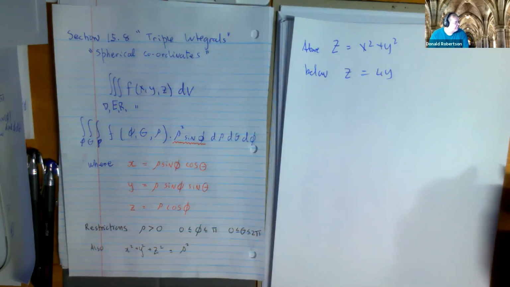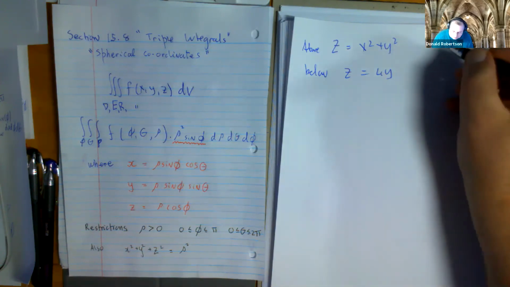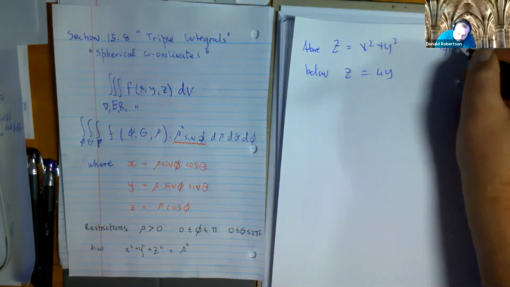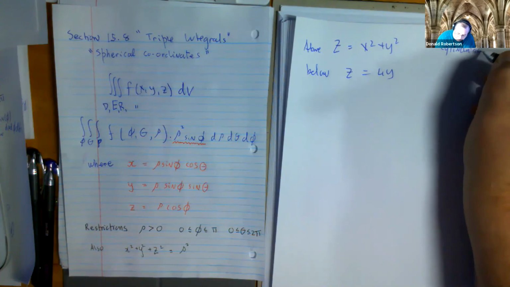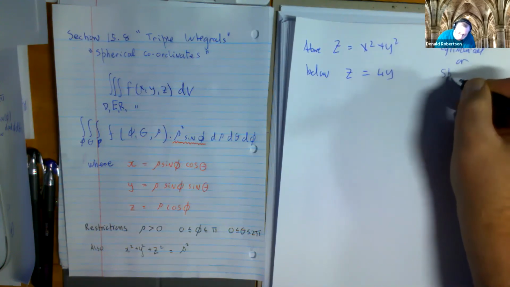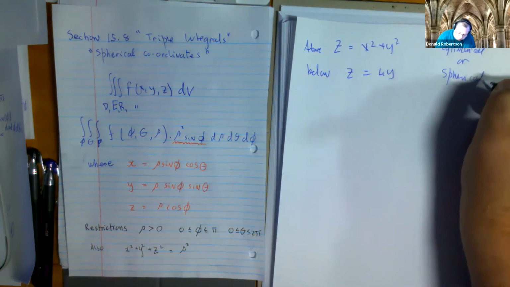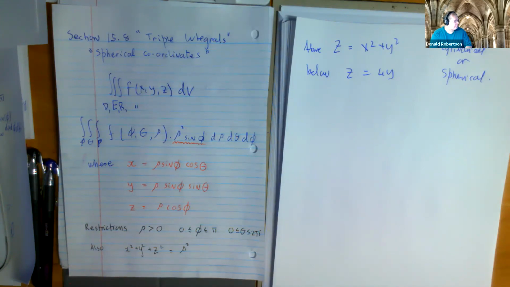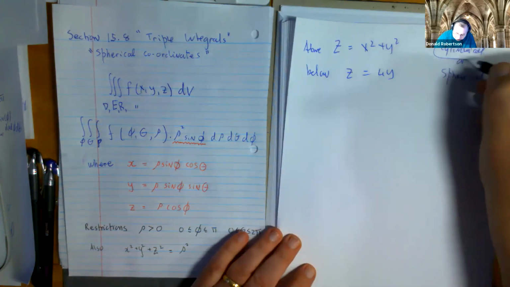And you're being asked to find, use either cylindrical or spherical. Anybody want to have a shot at this? What would this guy look like if I decided to use cylindrical?